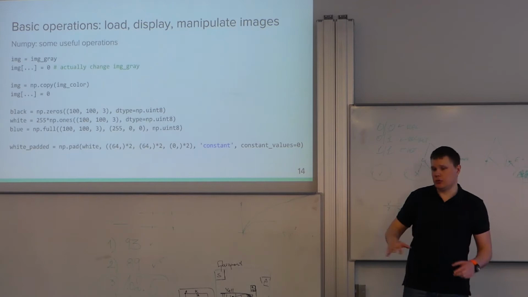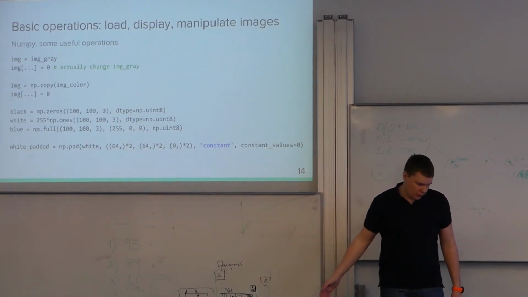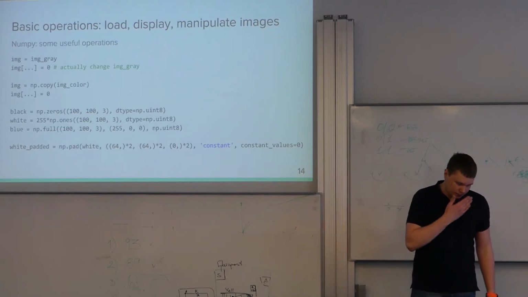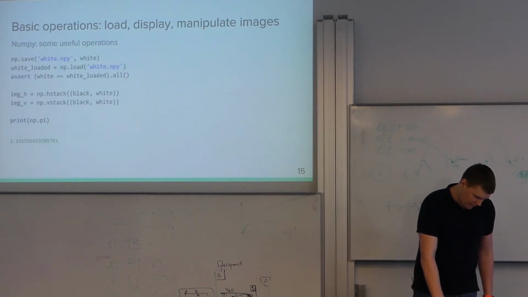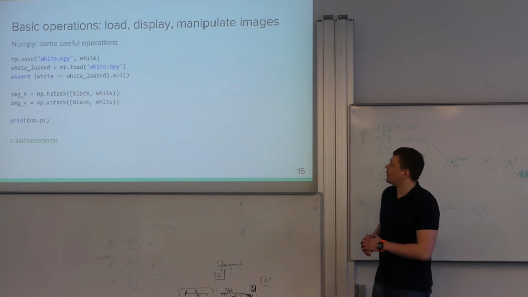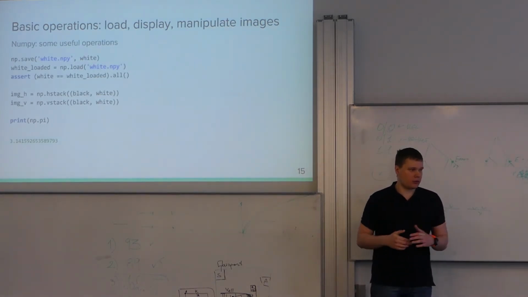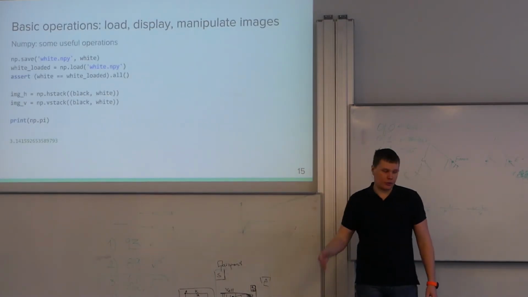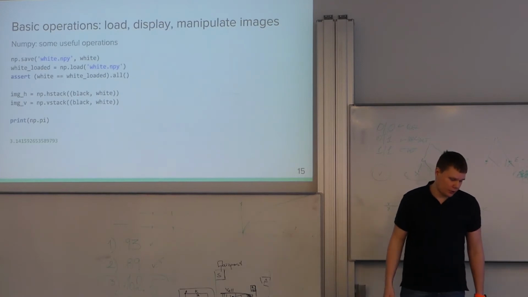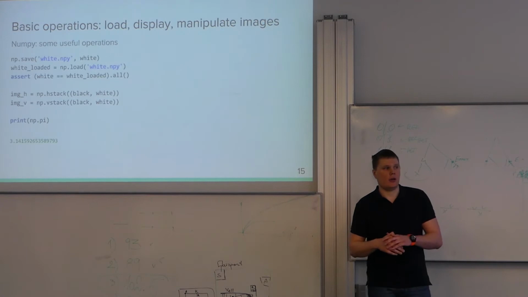Also, if we want to pad our image with some border, we can do it easily with np.pad. Also, we can easily save our tensor. It's something different compared to the cv imwrite function, because np.save saves our tensor.